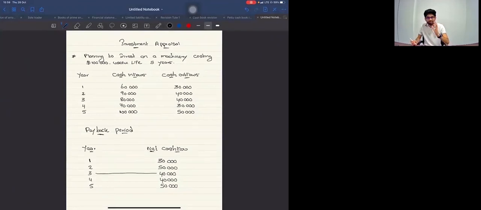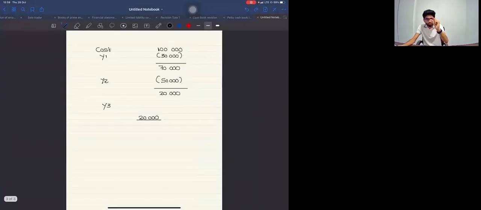How much is that? 40,000. Take that, divide it by the total amount that you got during year 3, and then multiply it by 12, you will be getting 6 months over here.